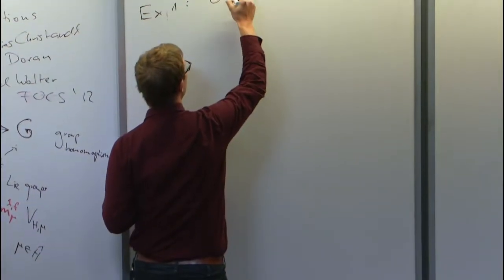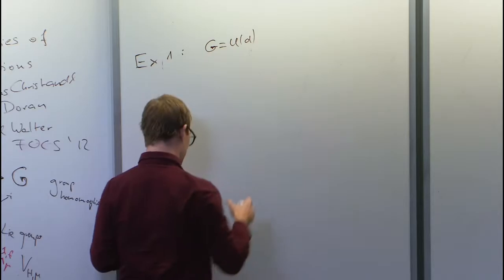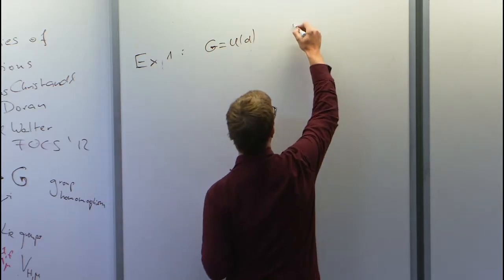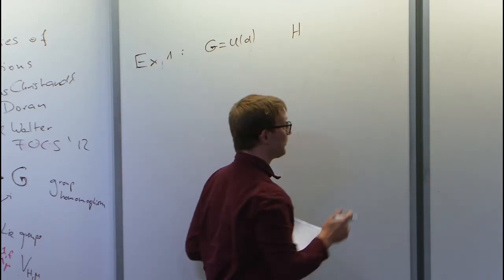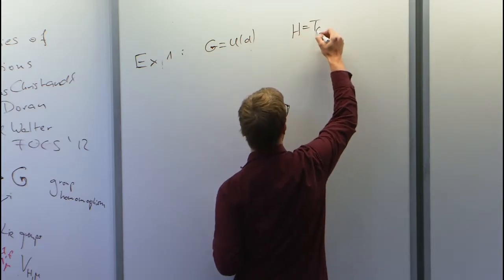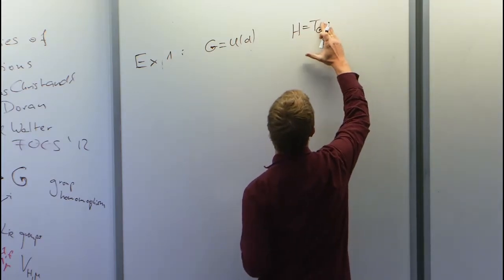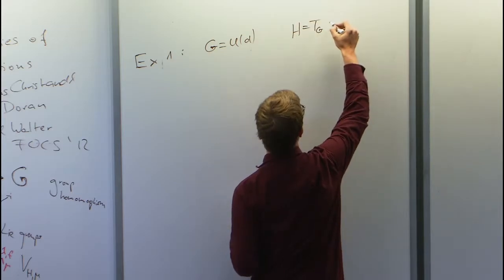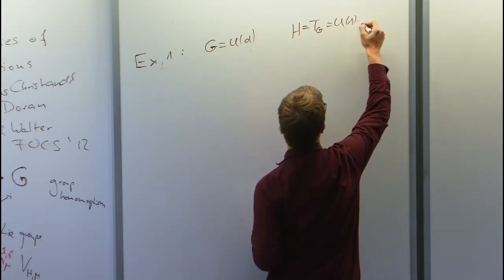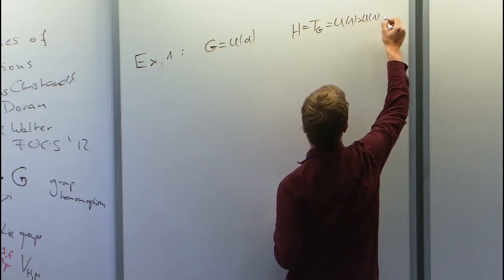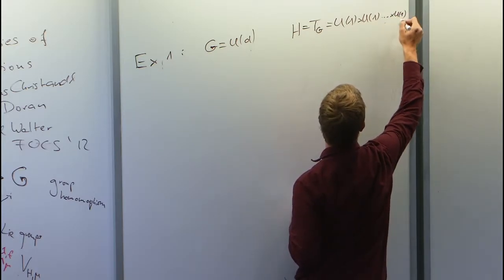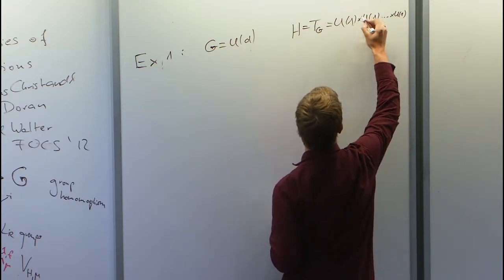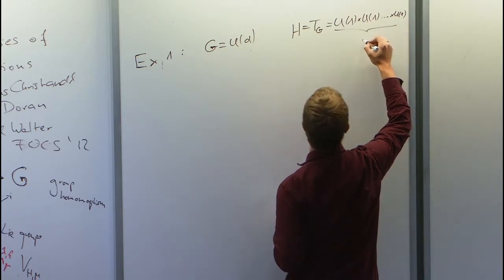G is the unitary group in dimension D, and H is its maximal torus. I'll sometimes denote it by T_G. This is just U(1) times U(1) and so on, D times.